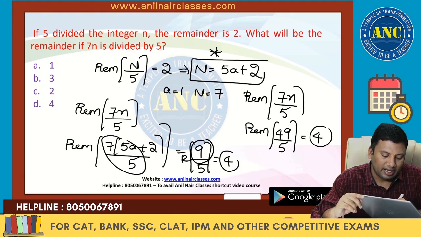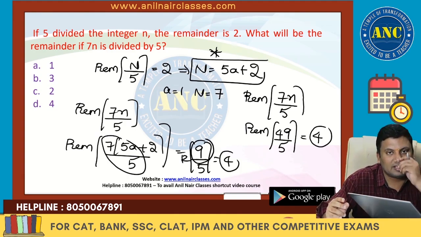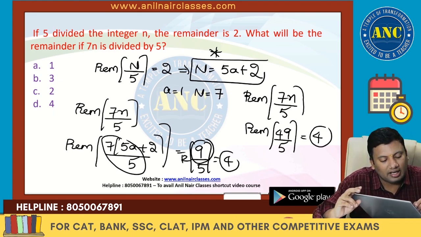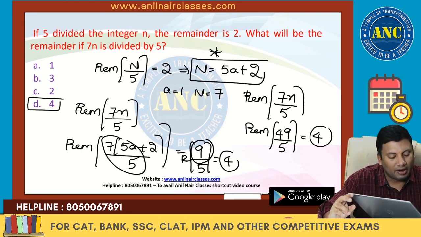I hope the idea is clear. The remainder is always less than the divisor. 14 divided by 5: 5 twos are 10, and the remainder is 4. I hope it is clear.